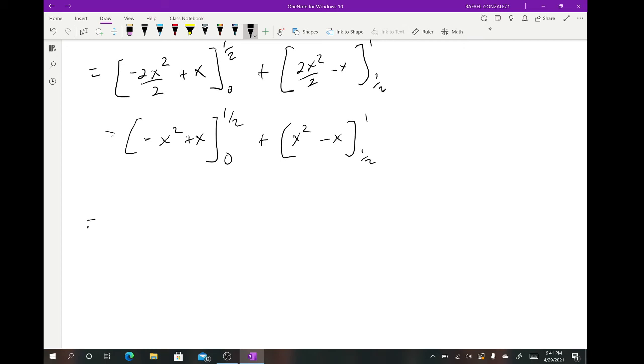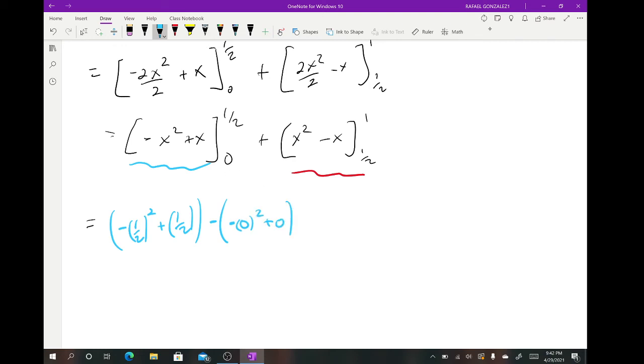So I'm going to use blue for this one and red for this one. So for the first one, I have negative (1/2) squared plus 1/2, minus 0 squared plus 0.